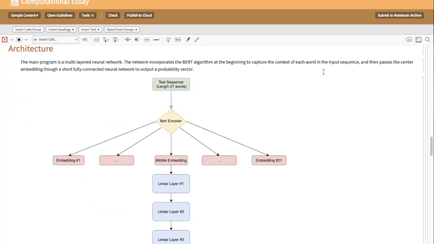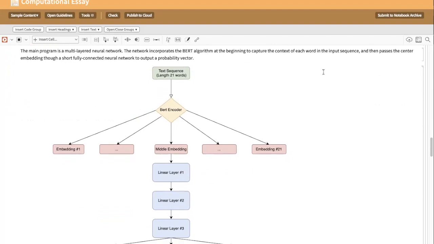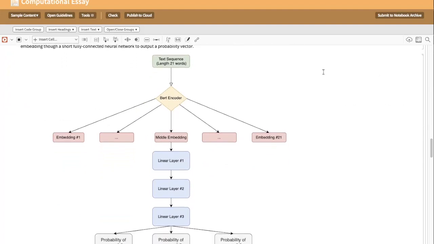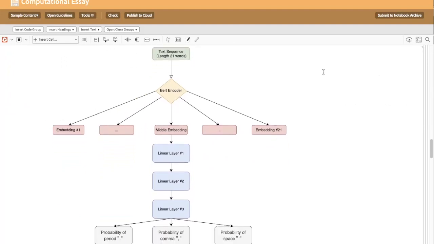So the way this network works is that it's a multi-layered neural network that incorporates BERT at the beginning to capture the context of all the words in the input sequence. The center embedding is passed through a short, fully connected neural network to output a probability vector. And this probability vector represents the network's guess on what kind of punctuation is associated with a particular word.